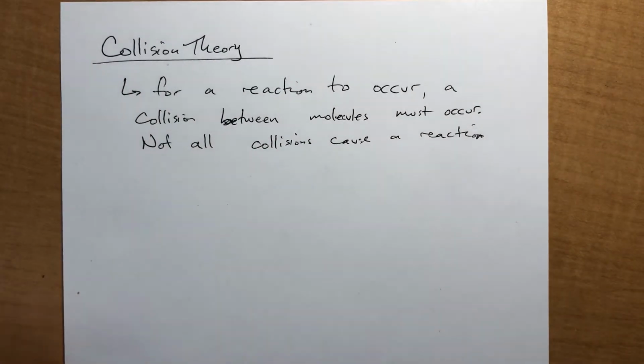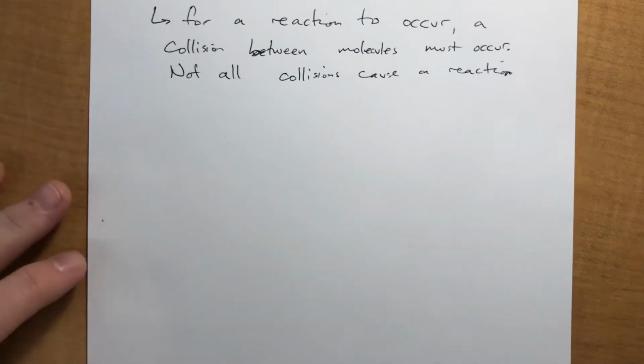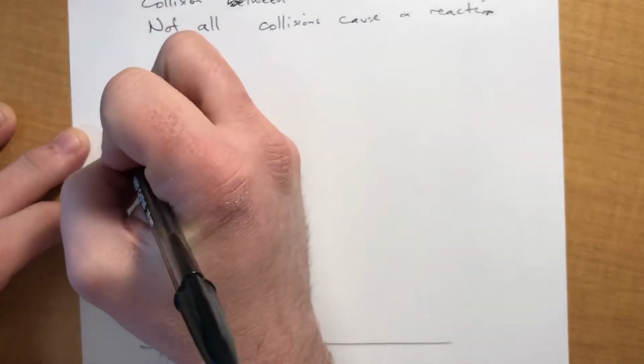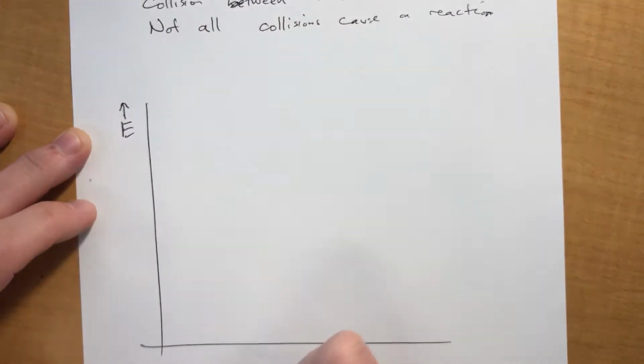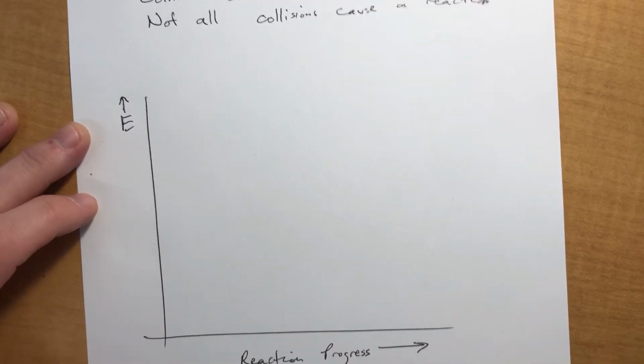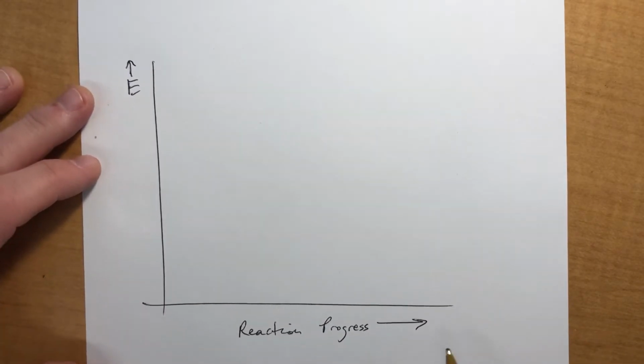Okay. The way we visualize this is we usually plot energy versus something called reaction progress. Basically, you can visualize it as time, like how the reaction is occurring.